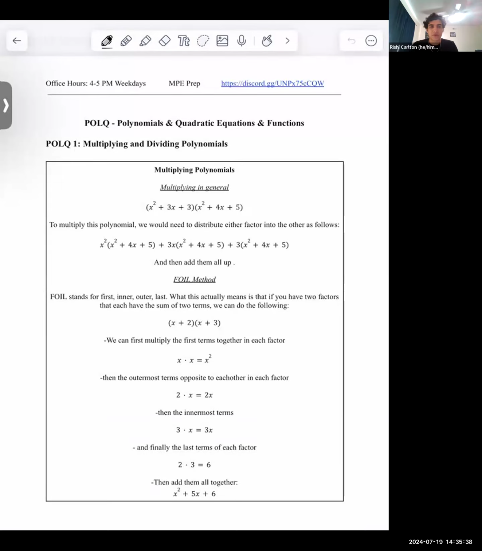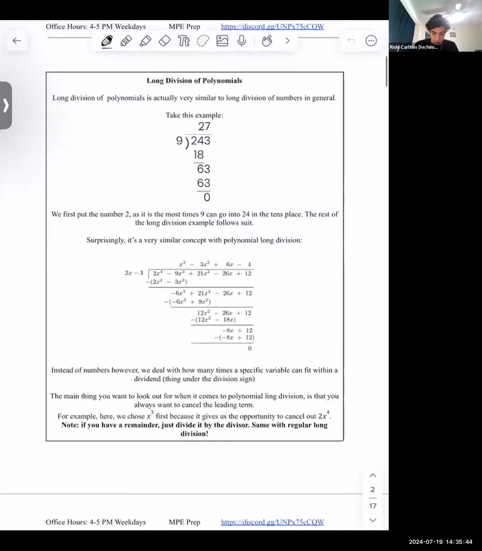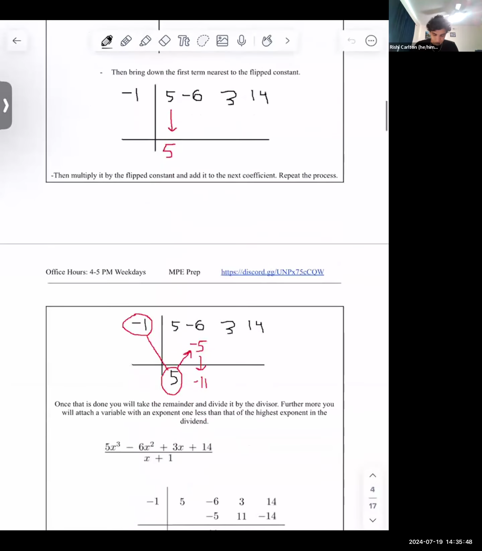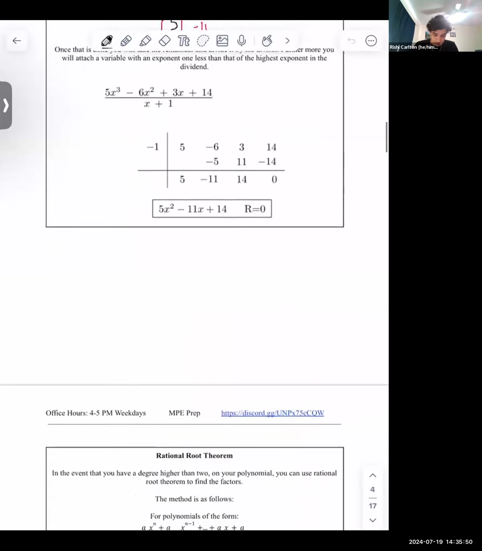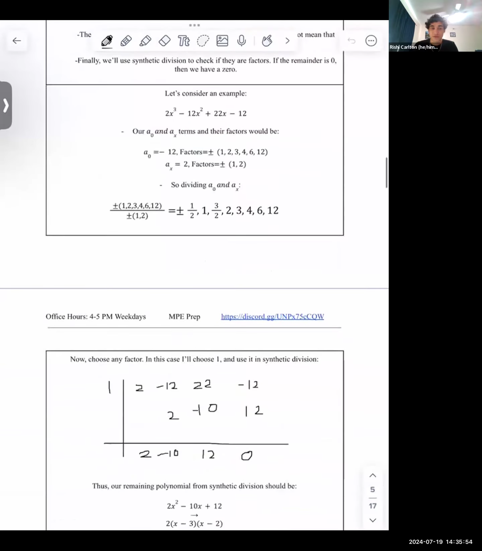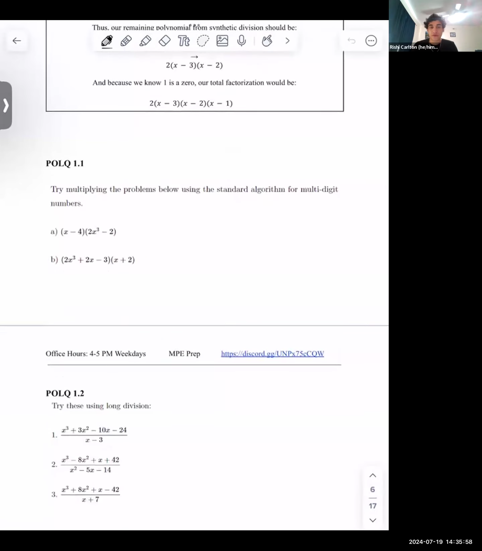Multiplying, we're talking about FOIL, we're talking about multiplying across. Dividing, we're talking about long division, we're talking about synthetic division. Pretty heavy topics, to be quite honest. Rational root theorem, anytime you want to find the zeros. And yeah, if there are any questions about that, please drop them in the chat or speak up.